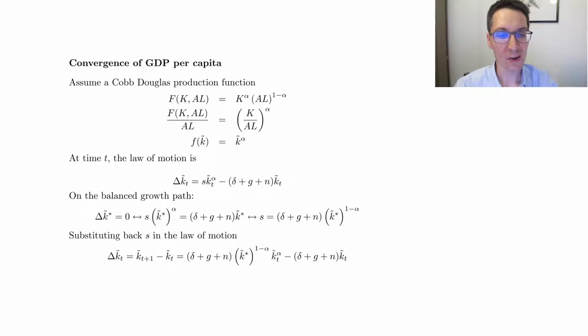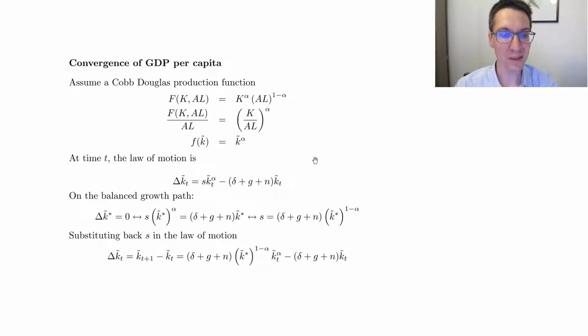So here, let us assume the simplest version of production function we can have, a Cobb-Douglas. So the production is F of K, AL equals K to the alpha, AL to the 1 minus alpha, where alpha is between 0 and 1. Typically, alpha is around 0.3 because that's the importance of capital in the production function.